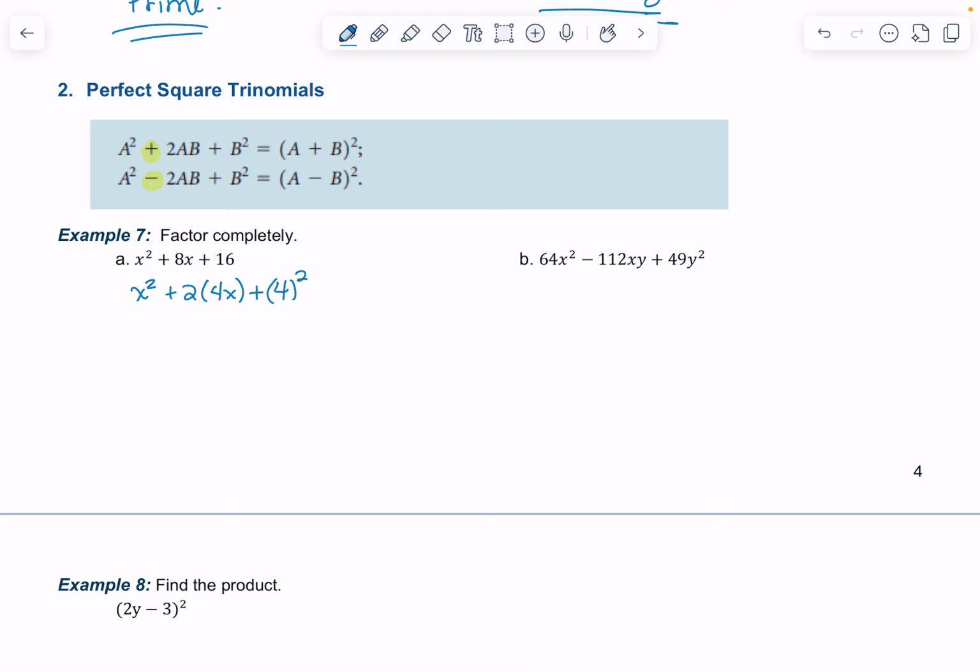So I can actually change this real easily to x plus 4 squared. If I look at my next one, b, if you want to try it yourself, go for it. Notice the minus signs there in the middle.